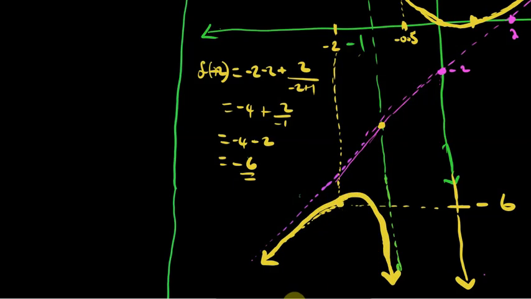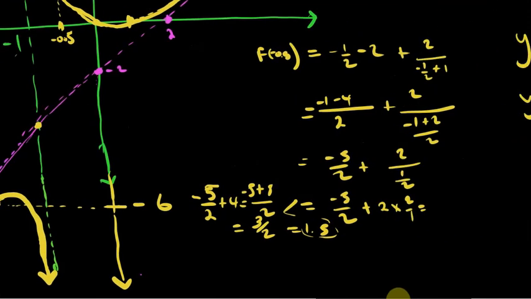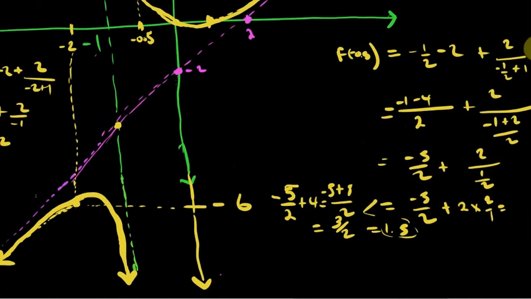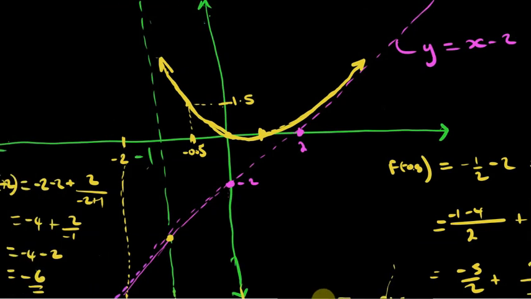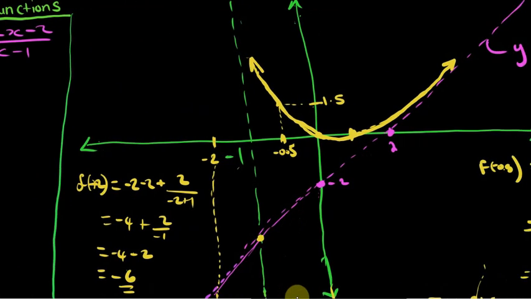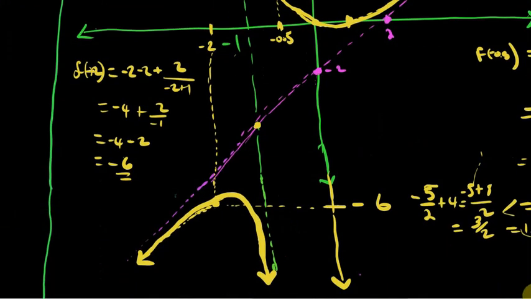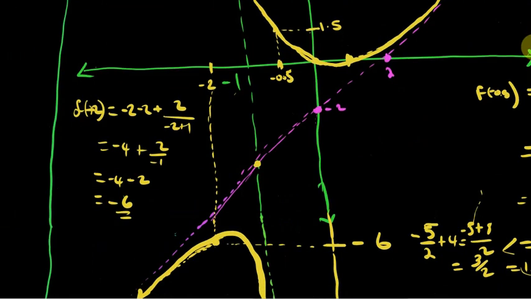So this is how the graph of the rational function will look, something like this.